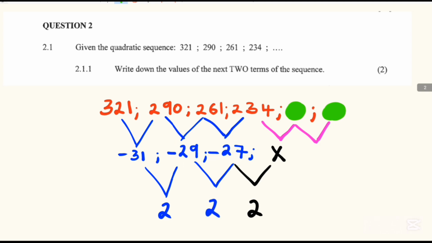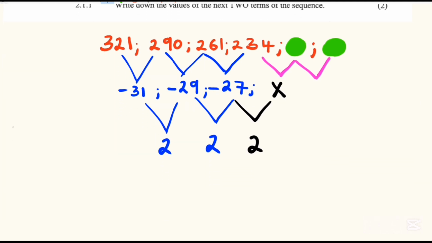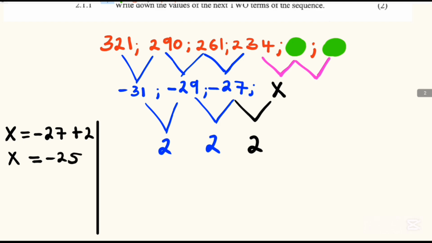So we expect that negative 27 plus 2 will give us the x. So our x will be equal to negative 27 plus 2, which is equal to negative 25. So the value of x is equal to negative 25.